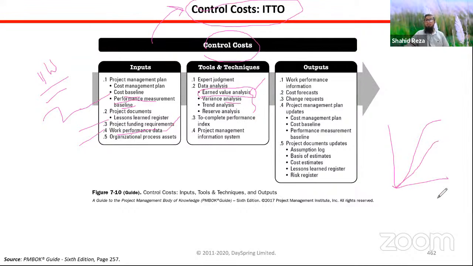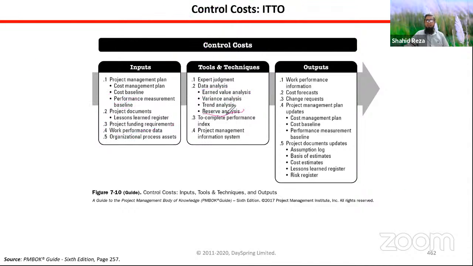Trend analysis, what is the trend? In our earlier figure, we have seen the trend was very okay, but at some point later on, the trend was wrong. So you have to analyze the trend, what is happening, and also you have to do reserve analysis.